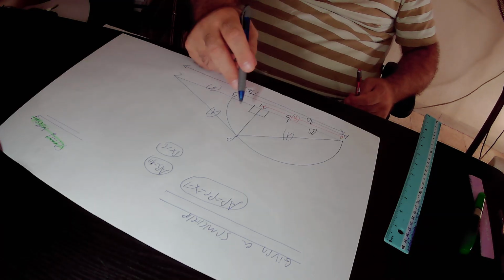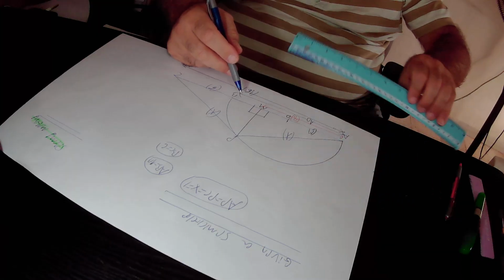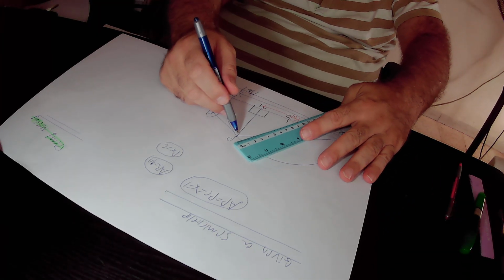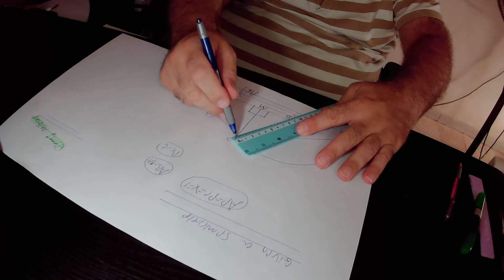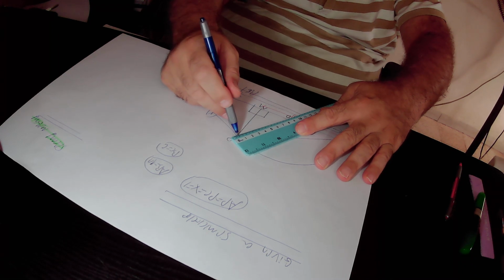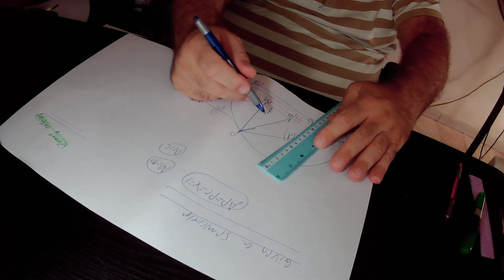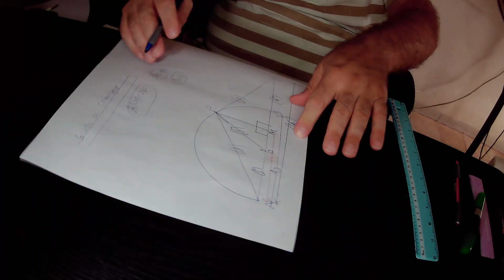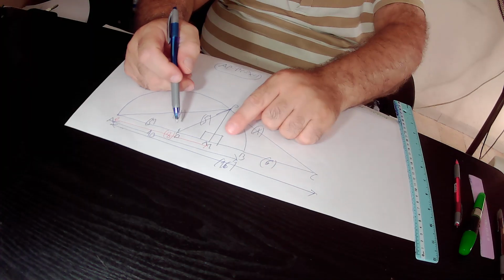We join points O and P together by a straight line. Point O is the center of the semicircle, and point P is a point of the semicircle, therefore OP is the radius of the semicircle, that is equal to 5 units in its length.